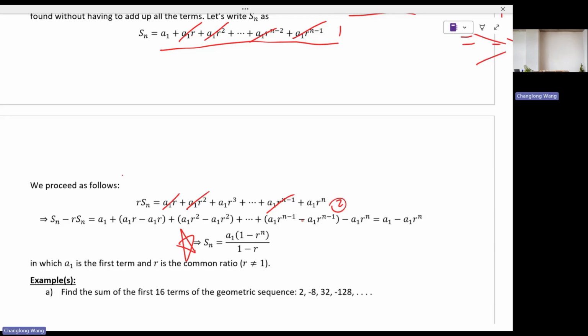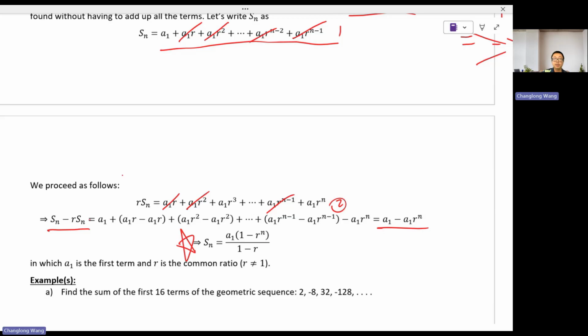See that a sub 1 times r cancels with a sub 1 times r because you're subtracting them. So most of the terms are gone except for the first term, a sub 1, and the last term, a sub 1 times r to the n. And therefore, that's what you get on the left-hand side: s sub n minus r times s sub n. On the right-hand side, just by subtracting those many terms explicitly, most of the terms are gone. It's just the first and last terms.